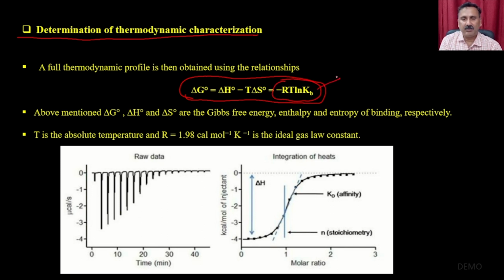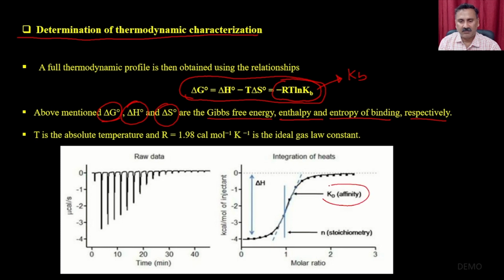Using this, you can calculate the KB, delta G, delta H, and delta S, so the Gibbs free energy, enthalpy, entropy, and so on. Putting in these values, you can do a lot of calculations, and that's how you can make all these measurements.